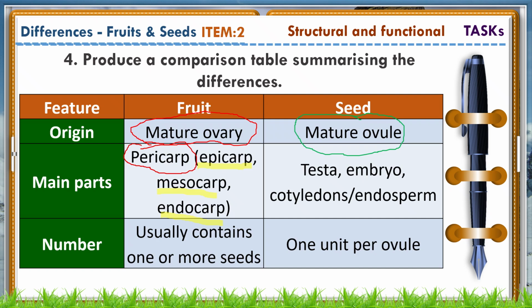Whereas if you look at the seed, it has the testa, the embryo, cotyledons, and endosperm. The number. The fruit usually contains one or more seeds, whereas the seed, it is one per unit ovule.